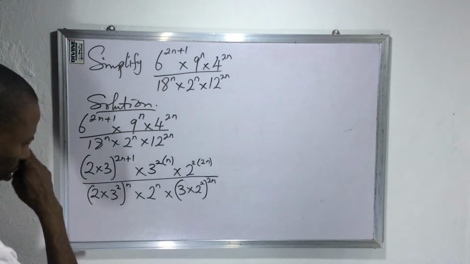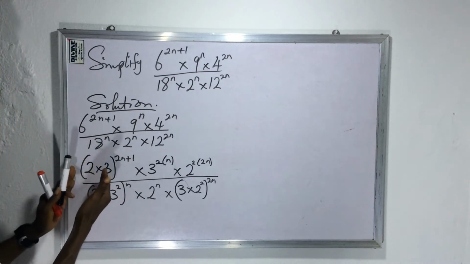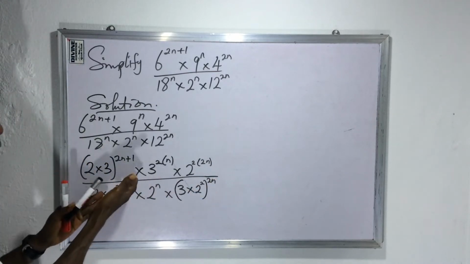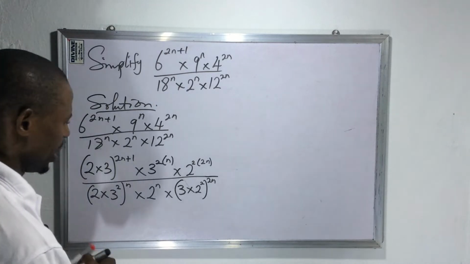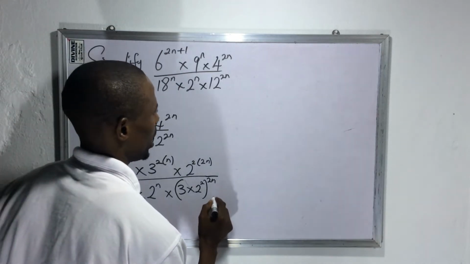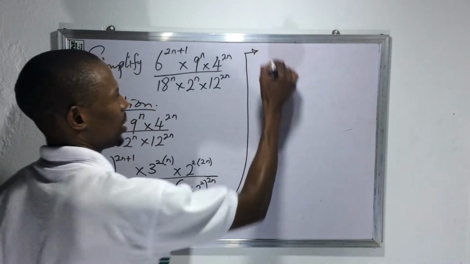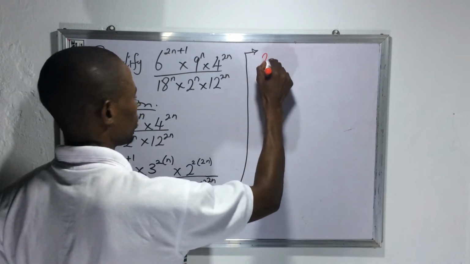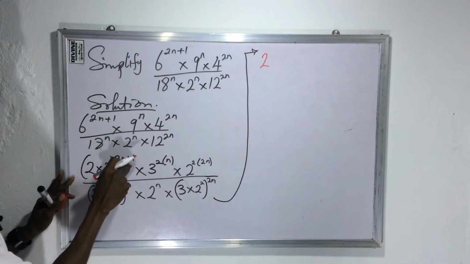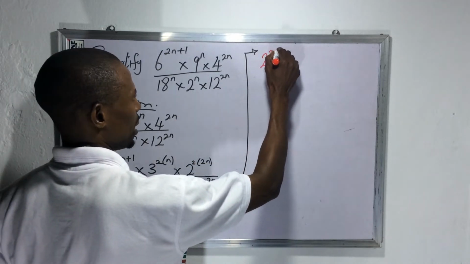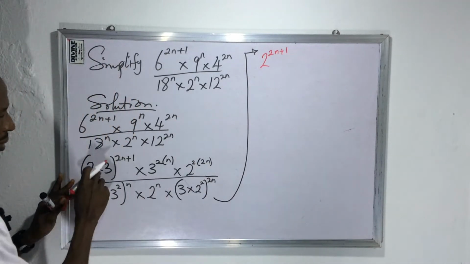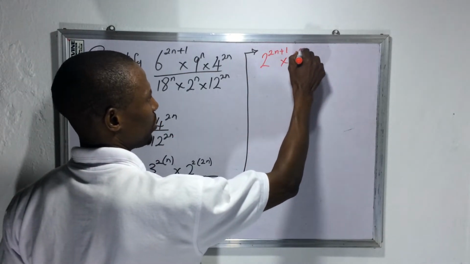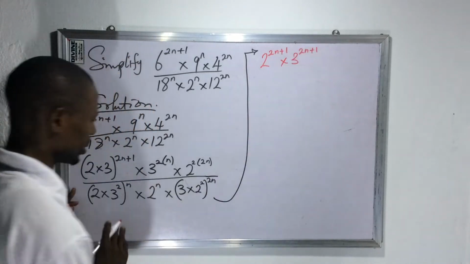So we proceed. From here, we can now open these brackets with what we have at the top. So we now have 2 to the power of 2n plus 1 times 3 to the power of 2n plus 1.